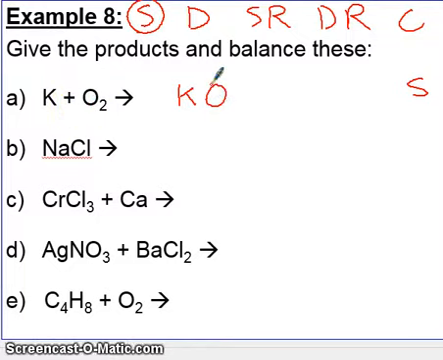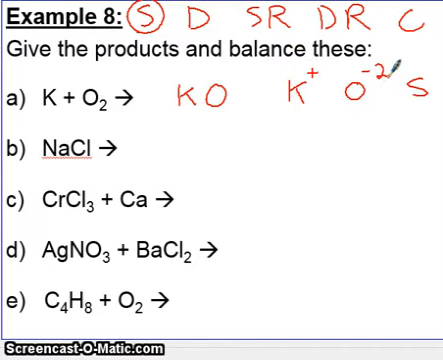Now, do we write KO? Is it just a potassium and an oxygen? Well, because this is an ionic compound, potassium's a metal, oxygen's a nonmetal, we have to think about the charges, because remember, ionic compounds are made of ions, charges. So the charge of potassium, recall from the periodic table, is +1. The charge of oxygen is -2.